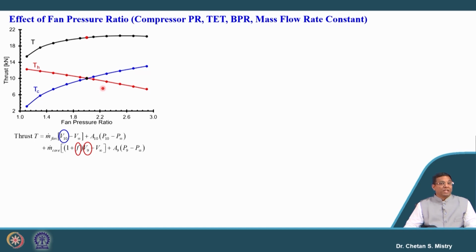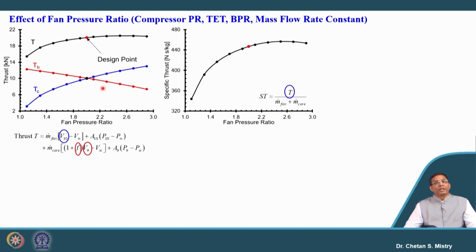So, in this case my exit velocity from the core engine is going to decrease. It is preferred that you try the calculation of this, which will give more clarity. Otherwise, with increase of fan pressure ratio, my thrust is going to increase, but it is shown here separately for clarity.